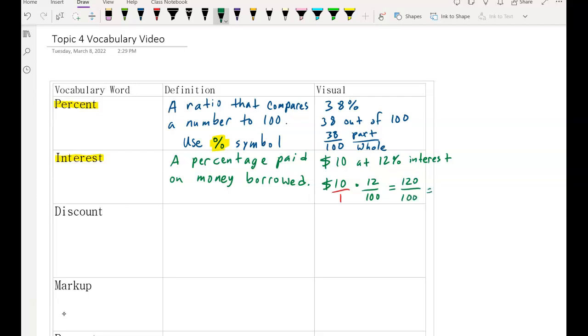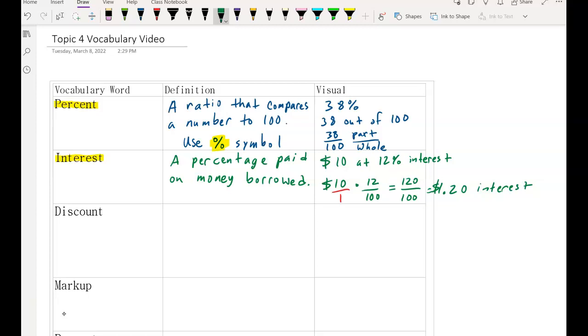And 120 divided by 100 is 1.2, or $1.20. So the amount of interest that you would pay would be $1.20.